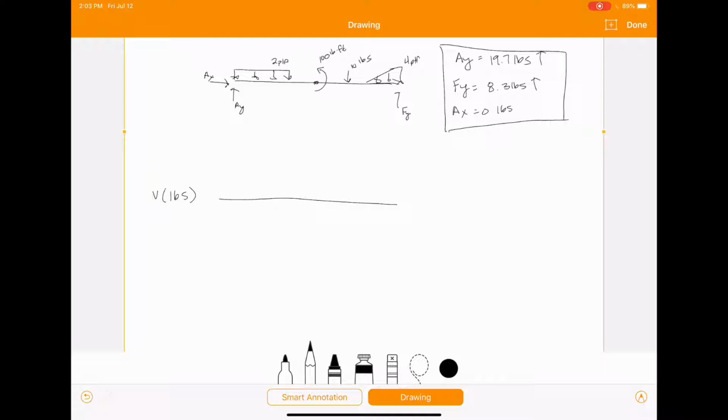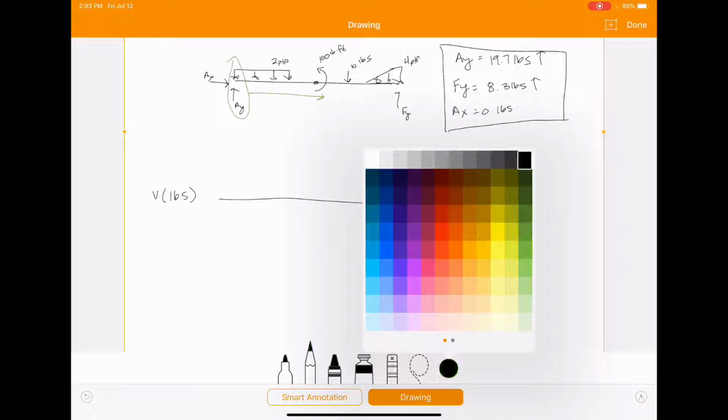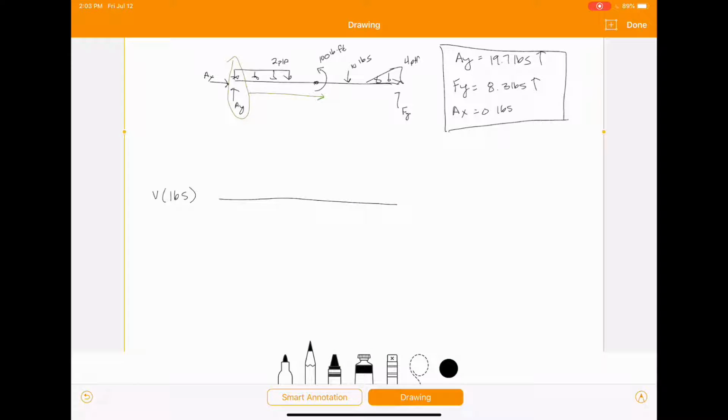So when you're doing it visually, you start at the left side of the beam, and you just work your way to the right. So we're going to start by looking here, and then move our way that way. So the first thing we hit on the beam for shear is AY. Remember that shear acts perpendicular to your member or parallel to your cut surface.